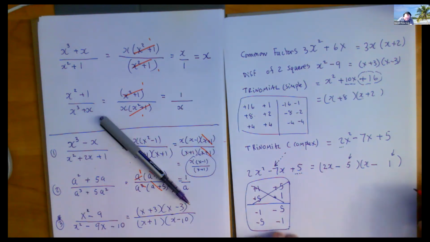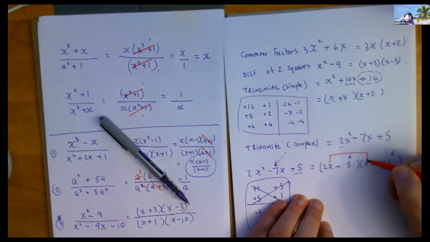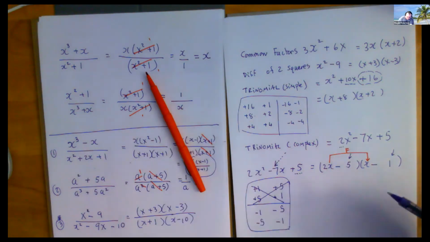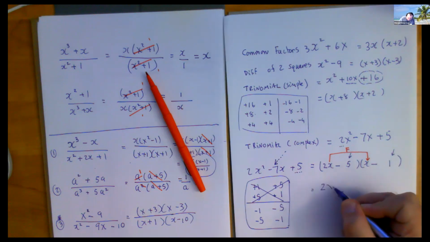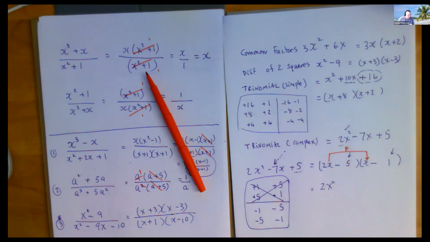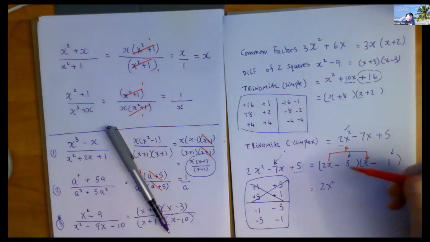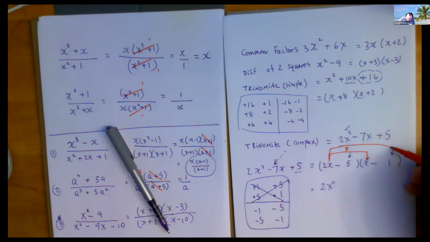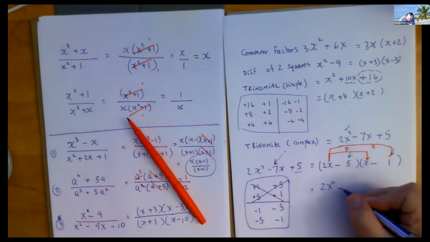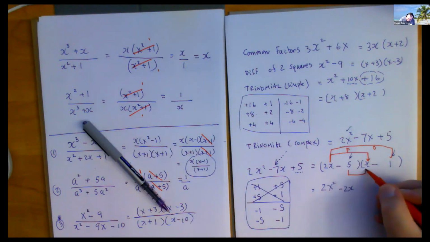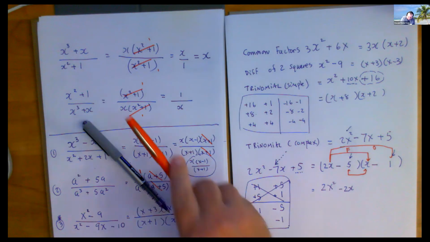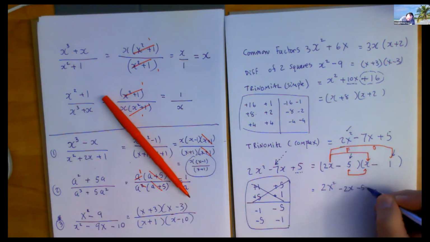It's been a while since you've done this. FOIL, right? The first times the first, 2x times x gets me the 2x squared. Check. The outer means the two outside ones, that's the 2x and the -1, gets me -2x. The inner are the two inside ones, and they multiply together to give me -5x.